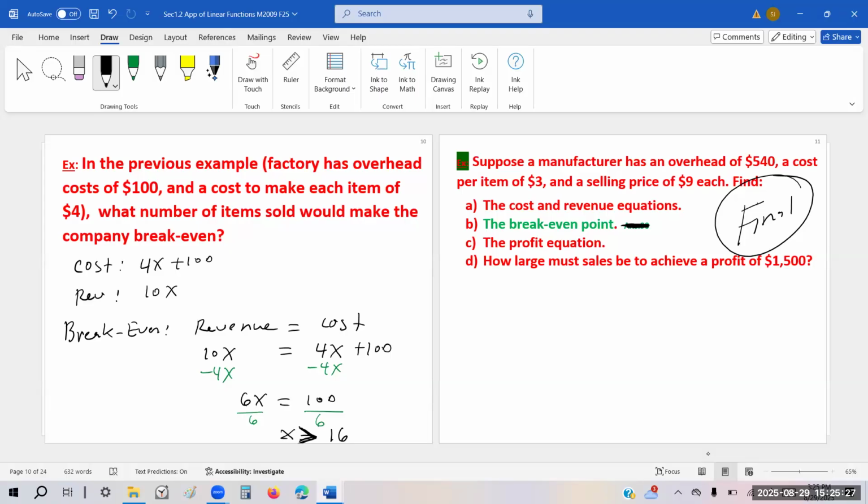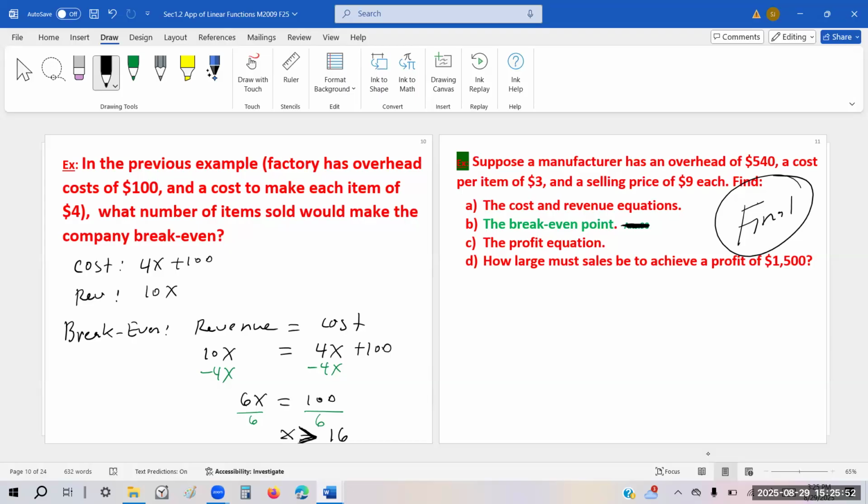Okay, so you're buying at $3 per item. So $3x plus 540, perfect. You're selling at $9, perfect. Break even means 9x equals the cost. So you need to sell more than 90 to break even.